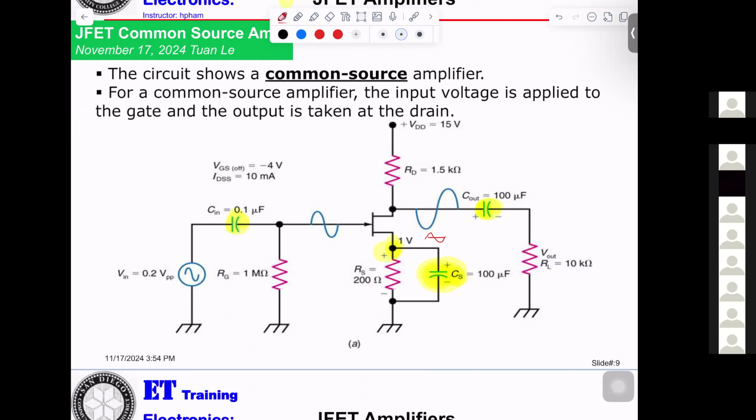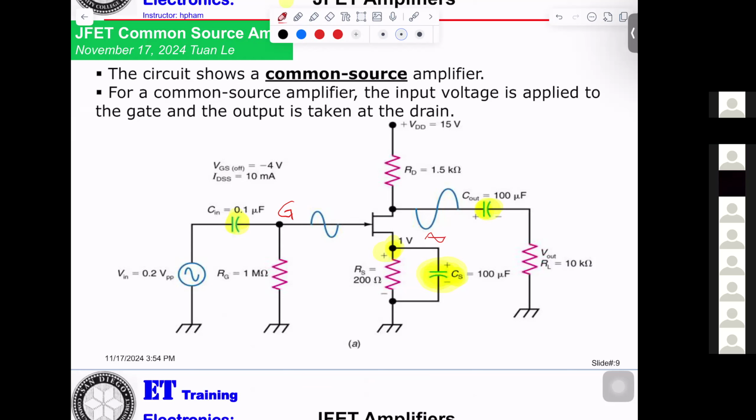The thing is, when you already understand, then you cannot forget it. Good. The thing is the gate. You see, this is the gate, and the gate connects through a resistor to the ground. No DC power supply. So self-bias.